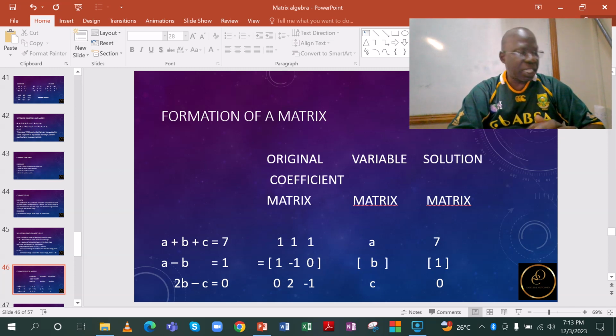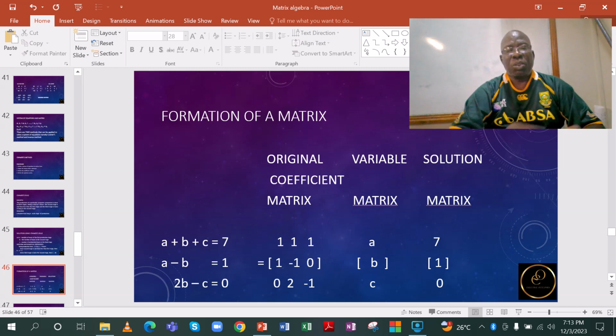Now we can extract the coefficient matrix and the solution matrix. For the original coefficient matrix, in the first equation, variable A has coefficient 1, variable B has coefficient 1, and variable C has coefficient 1. In the next one, A has coefficient 1, B has coefficient -1, and there is no C, therefore coefficient 0.